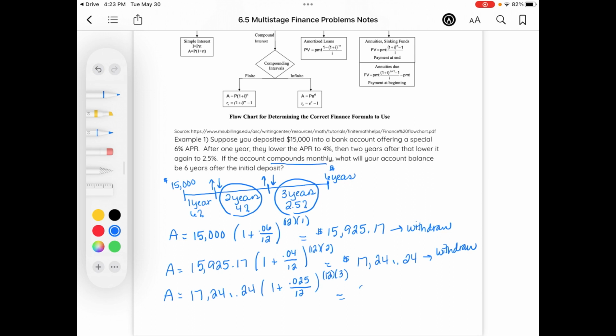Again, I'll let you put that into your calculator. So after 6 years, we will have $18,591.23 in 6 years, as we go from one account, change interest rates, more time lapses, change interest rates, and then the final time that's lapsing.